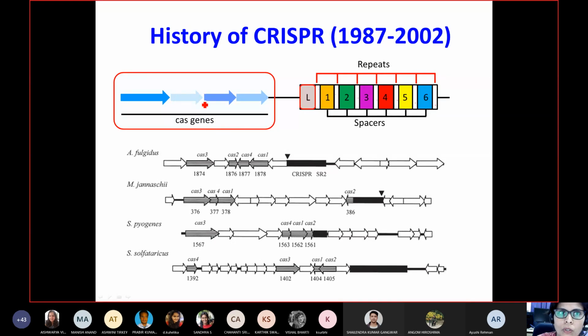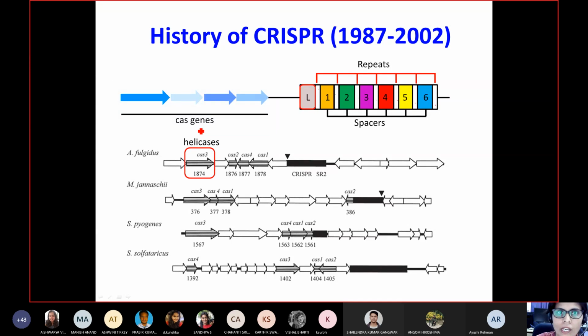They also made an observation from this paper that Cas3 has structural similarity to helicases, and the Cas4 gene showed motifs of RecB exonucleases. If you remember, helicases and RecB are again repair enzymes, right?